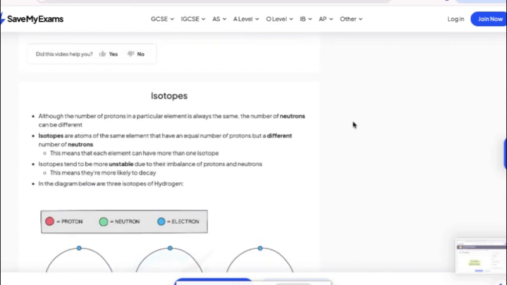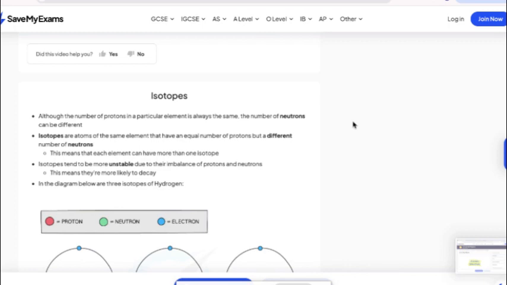Okay, so we've taken a look at that. Although the number of protons in a particular element is always the same, the number of neutrons can be different. When the number of neutrons is different, we say that the same element with different neutrons exists in isotopic nature.